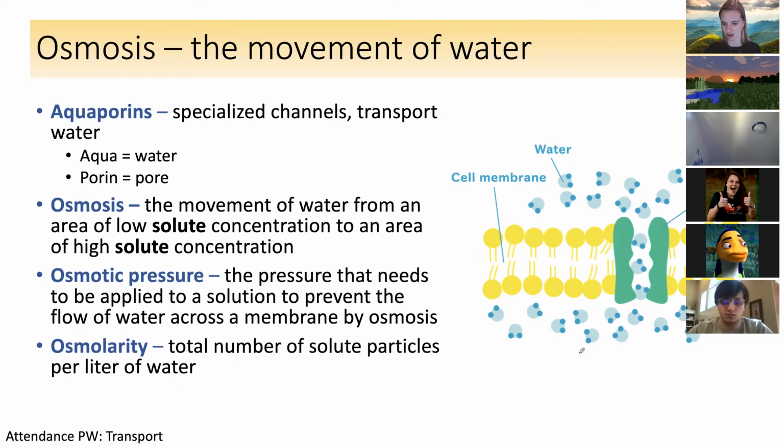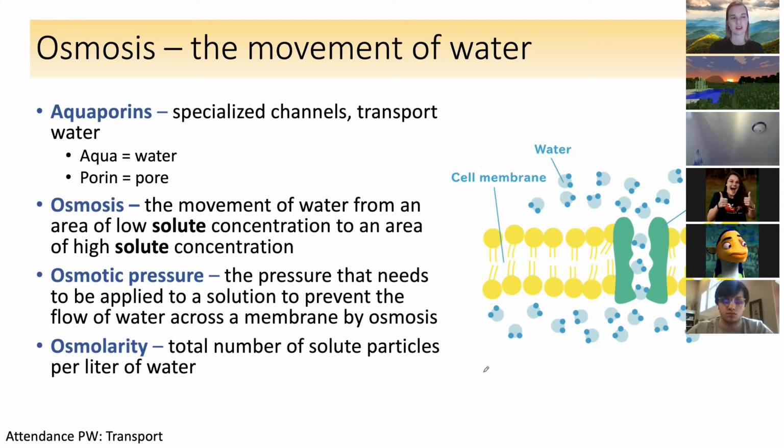In certain situations in living organisms, we cannot establish that equilibrium by moving the solute. By moving the salt or the sugar or the protein, we have to move the water, because the membrane at that point doesn't have the right channels to allow the movements of those solutes. So what we're going to use is this process known as osmosis.